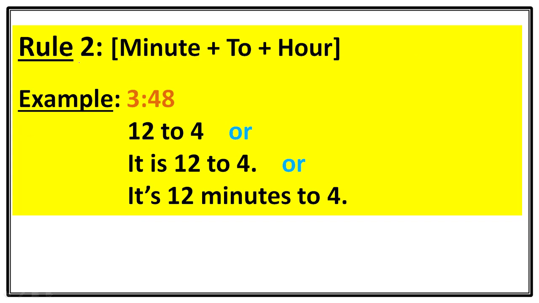Here is rule number 2: minute plus to plus hour. This is the rule. I have taken an example that is 3:48. It means 12 minutes are remaining in completing 4 hours. So we'll tell like 12 to 4, or we can also say it is 12 to 4, or by using the contraction form of it is, that is it's, we can also say it's 12 minutes to 4.